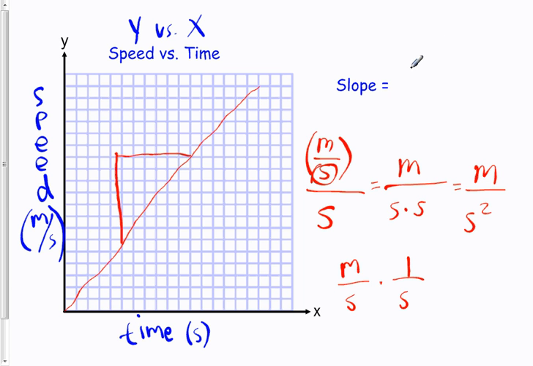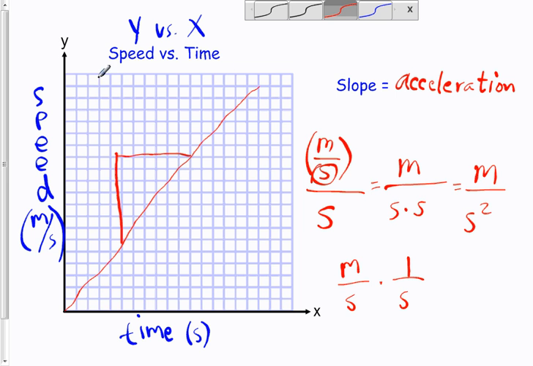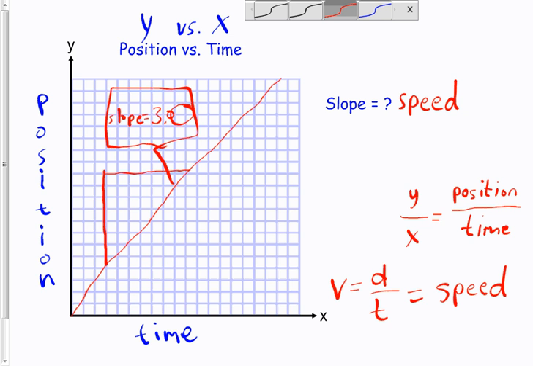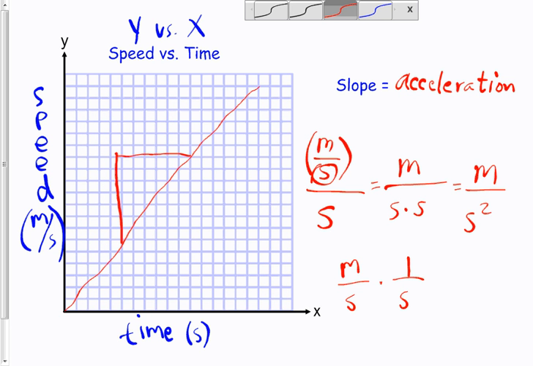Okay, and that is a form of acceleration. So our slope when we're dealing with a speed versus time graph is going to be acceleration this time. So again, we go back. Position versus time, the slope tells us the speed. Speed versus time, the slope tells us the acceleration.